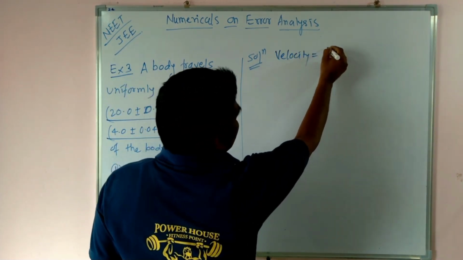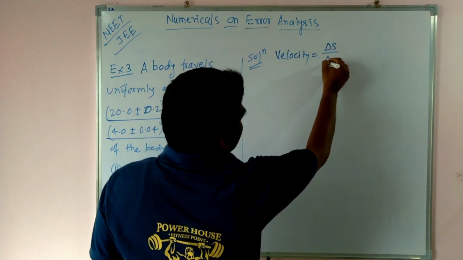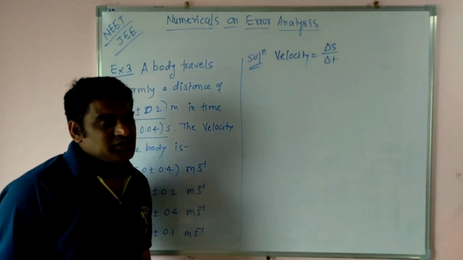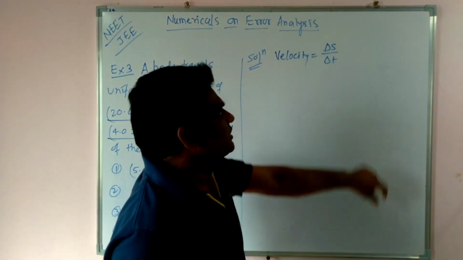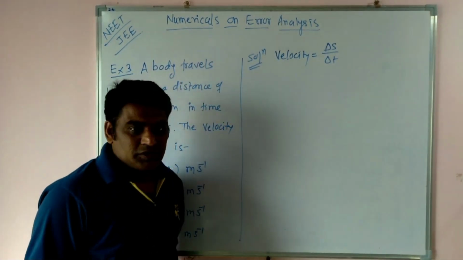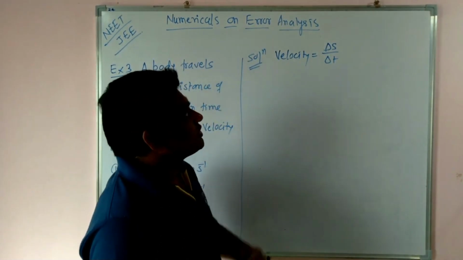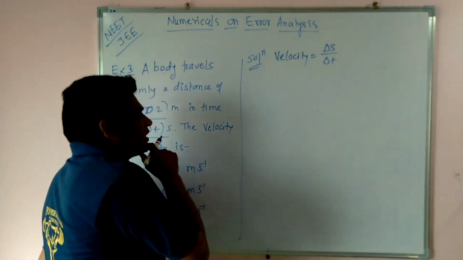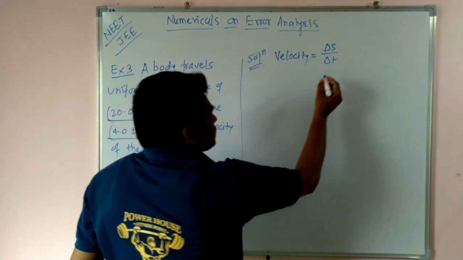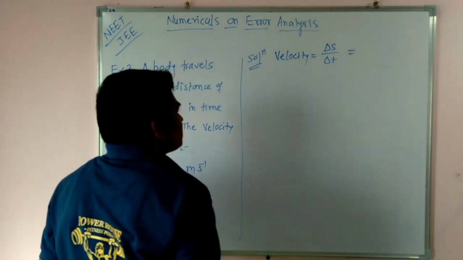Rate of change of displacement is velocity, meaning distance covered in time is called velocity. So this is the division of s by t. This velocity we will calculate first.